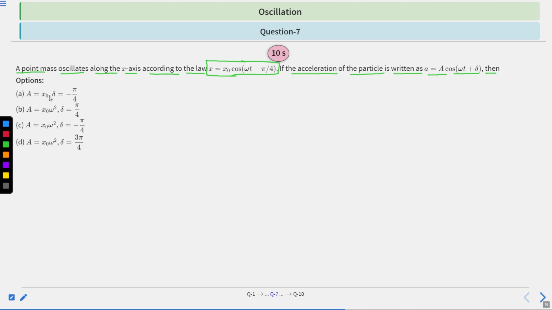Option A is A equal to x naught and delta equal to minus pi by 4. Option B is A equal to x naught omega square and delta equal to pi by 4. Option C is A equal to x naught omega square and delta equal to minus pi by 4. Option D is A equal to x naught omega square and delta equal to 3 pi by 4. So which option is correct? You have 10 seconds to solve this question. After 10 seconds, we will provide the solution.